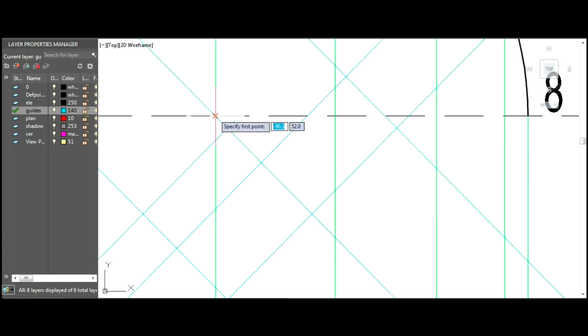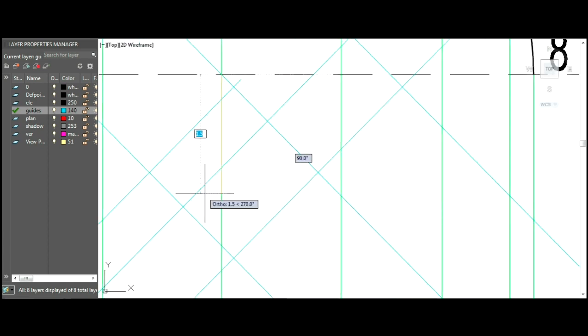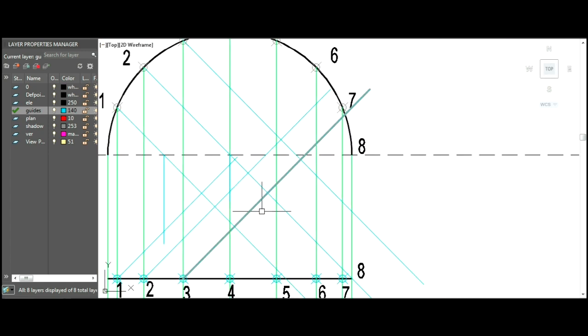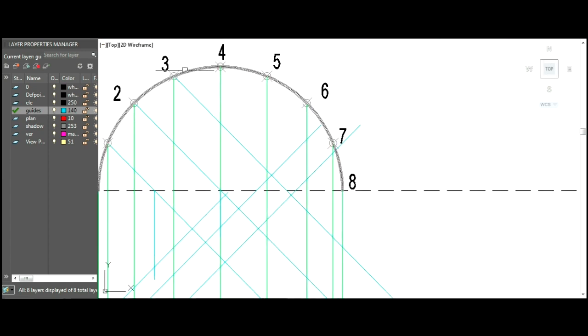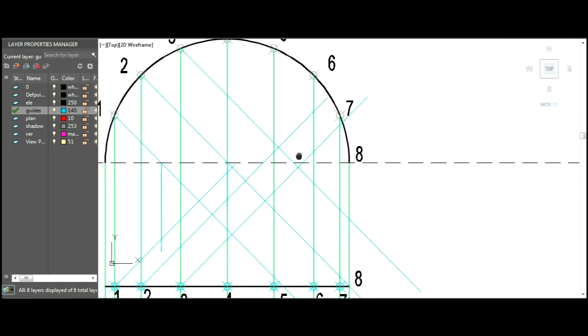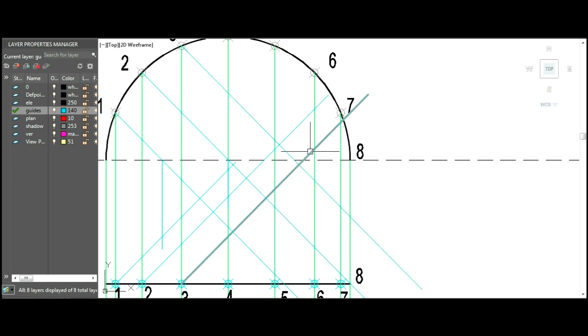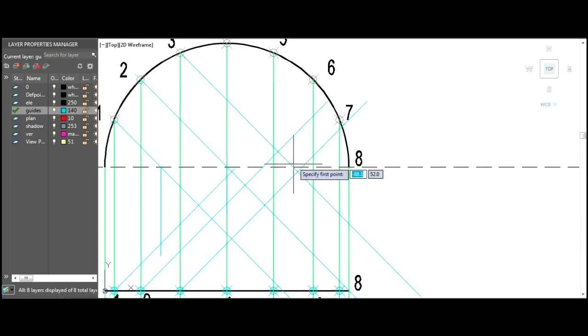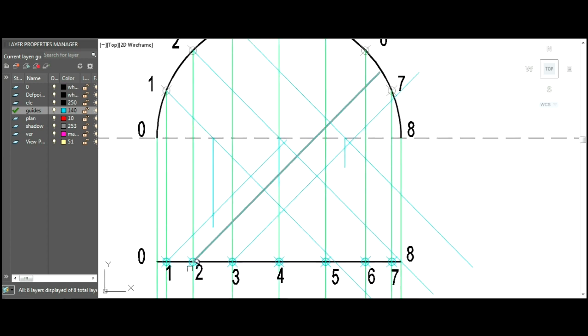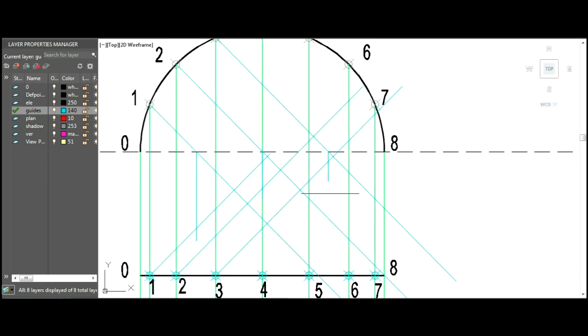This is hitting exactly the midpoint, so the line will come exactly above this. So line 3 comes down here and the line comes up from here, so this hits the ground line first. So we got 0 on the base, 1 is here, 2 is here, 3 is here. So let's see where 4 is.